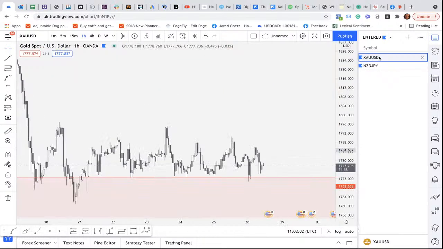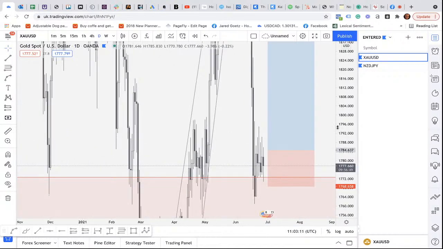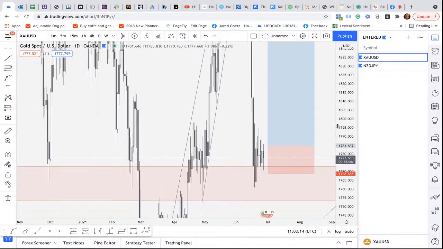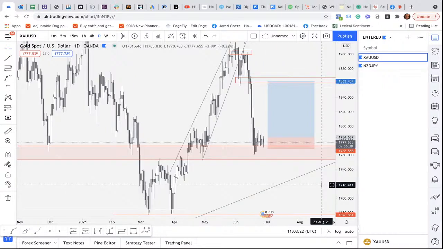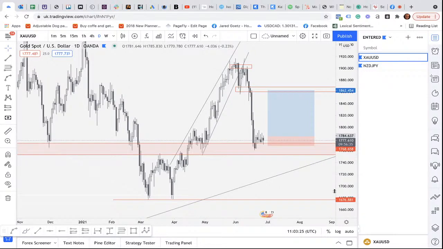You can see gold is moving quite sideways, but again, we're going to break this pair down from the very top to the bottom. So this is currently what we were looking at on gold.